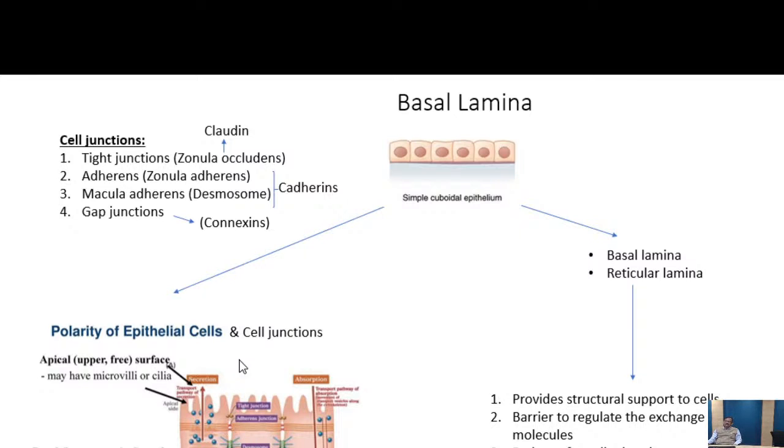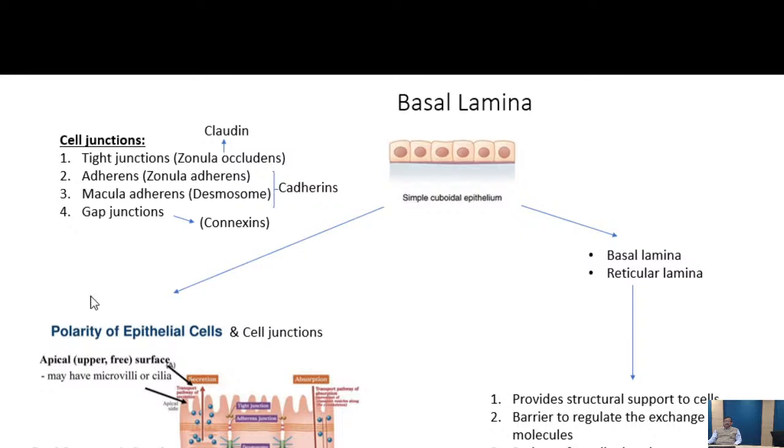Subsequently, when the stomach becomes empty, the cells come back to their original shape because of the presence of these cell junctions. So you need to understand the great importance of the cell junctions, which are stabilizing the epithelium in a very comprehensive and effective manner.